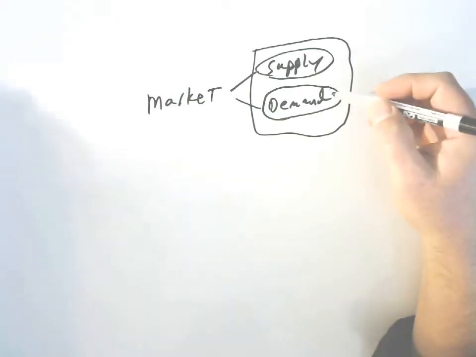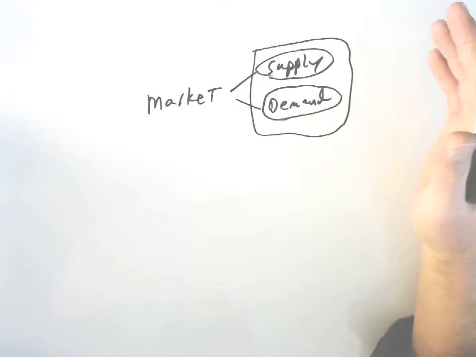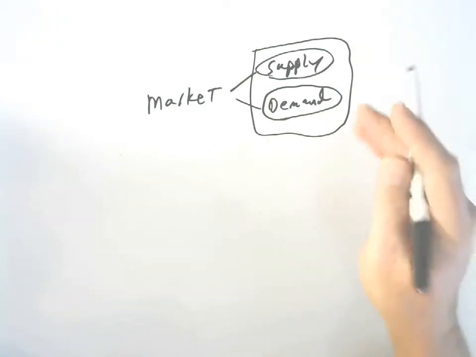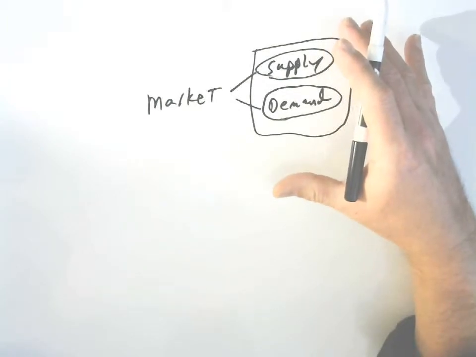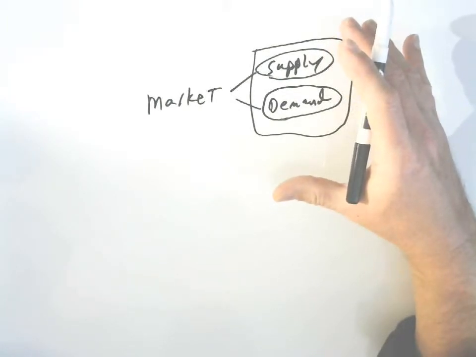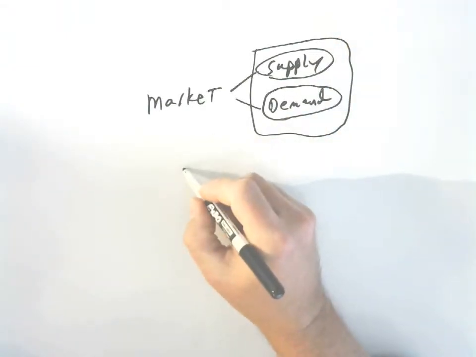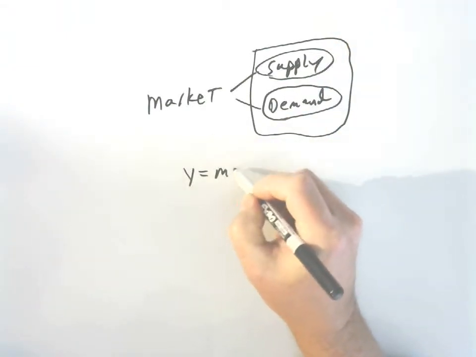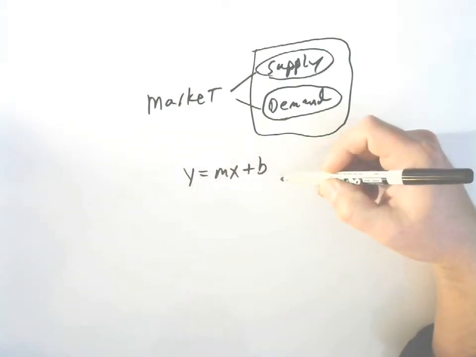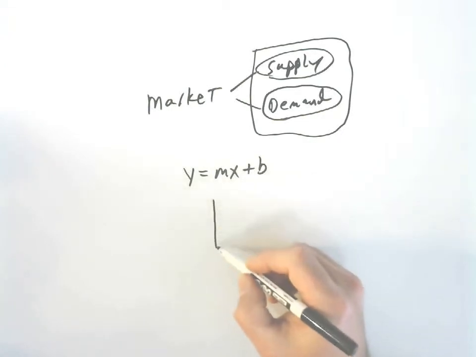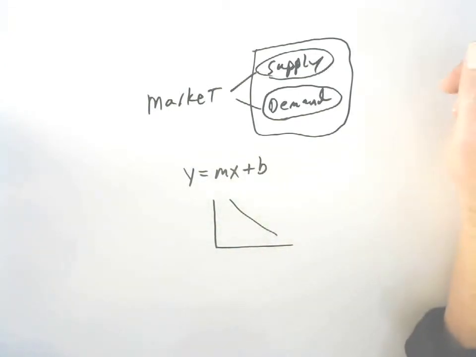Now, what I mean by modeling markets is, for instance, you can represent any level of economics two ways. You can represent it as a mathematical model, for instance, the famous equation of a line, or you can represent it graphically as a line.